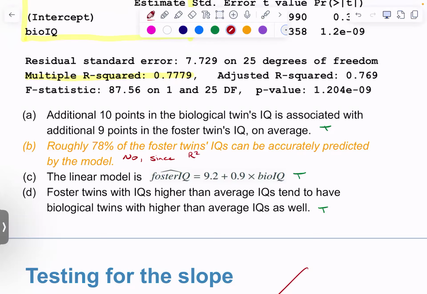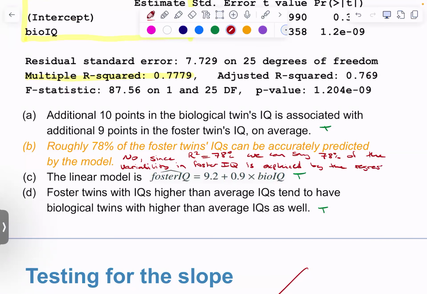Since r squared is roughly 78%, we can say 78% of the variability in Foster IQ is explained by the regression equation on bio IQ, which is not the same thing.